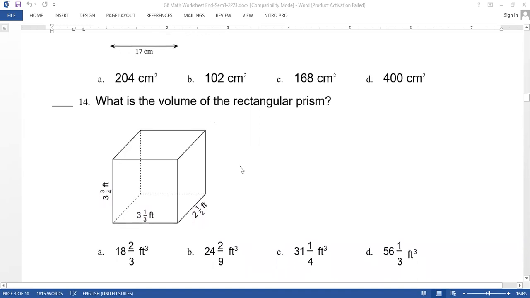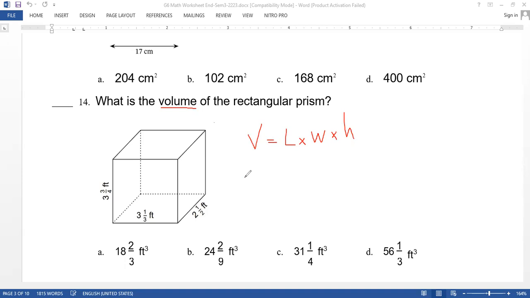Now we come to this important question. What is the volume of the rectangular prism? Volume, as you know, equals length multiply width multiply height.